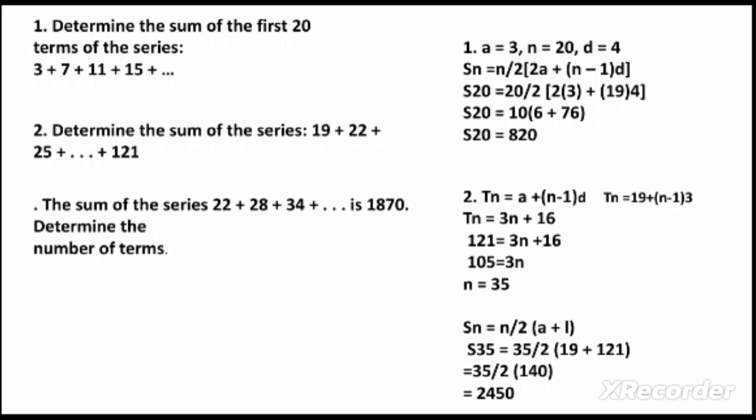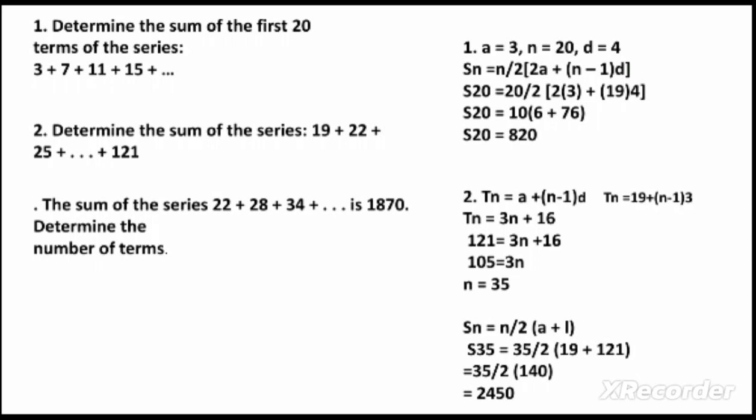Remember, that is 20 minus 1, and that's why I wrote 19 there, because there's a minus 1 there, and then d, it is 4, the difference. So you put that on your calculator, you're going to get 820. So 820 is the sum of the 20 terms in the series.